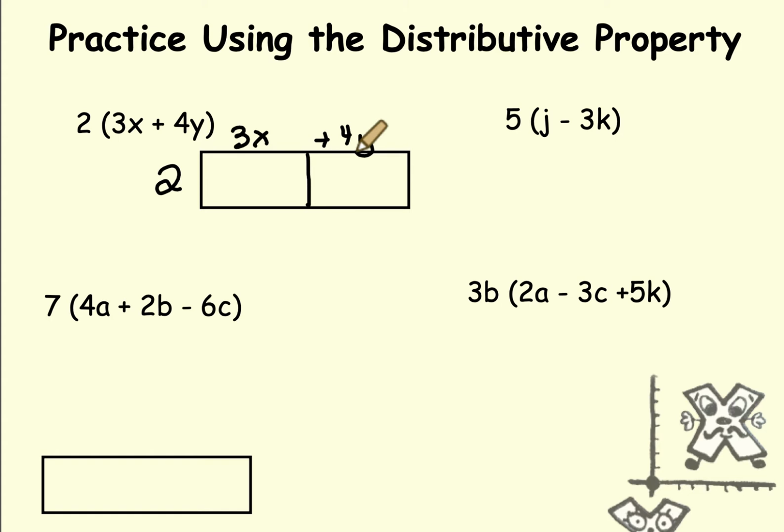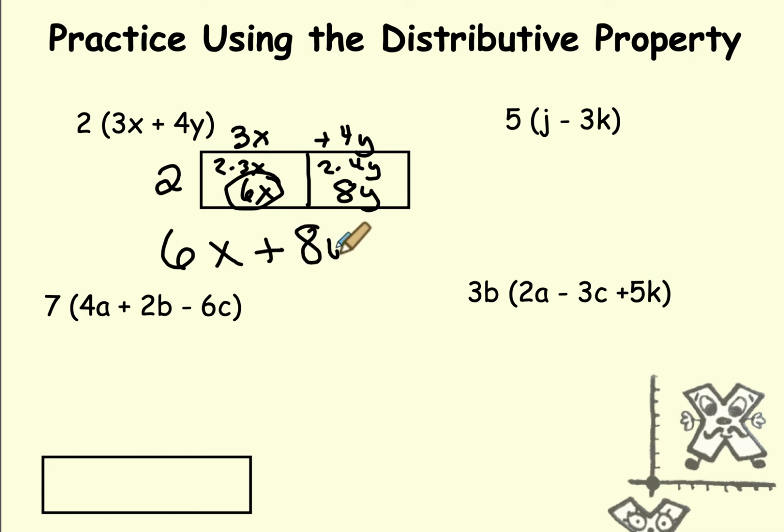Now I'm going to do 2 times 3x in this first box, which gives me 6x. And then I have 2 times 4y in this box, which gives me 8y. So my distributed value is 6x plus 8y.